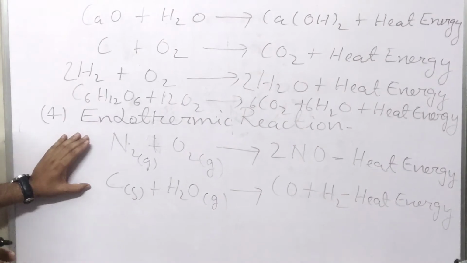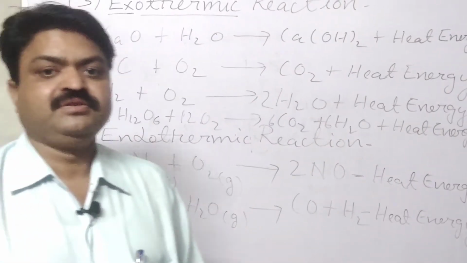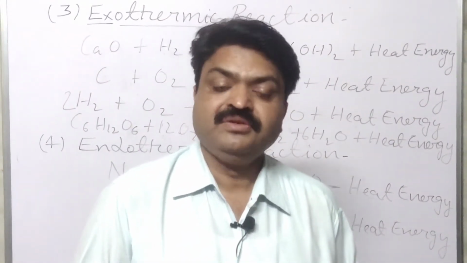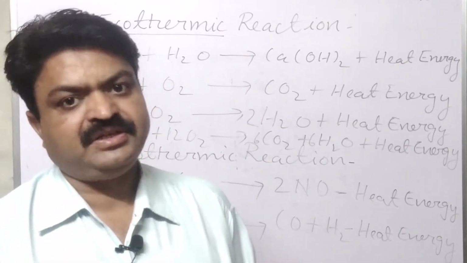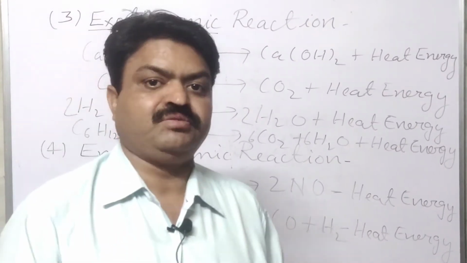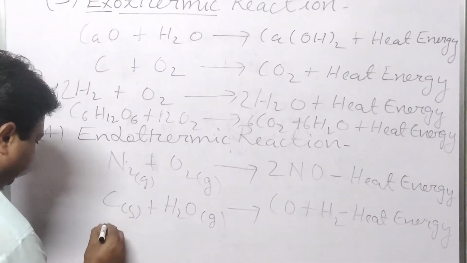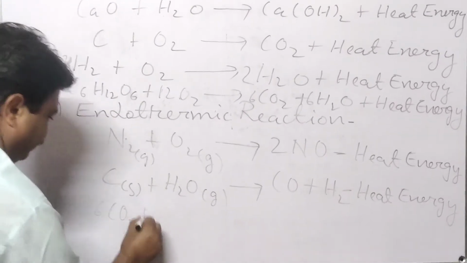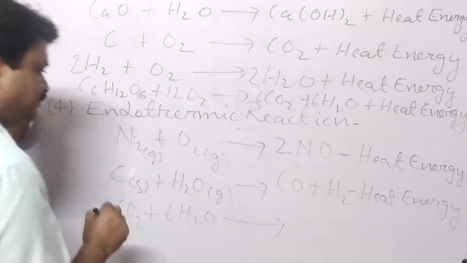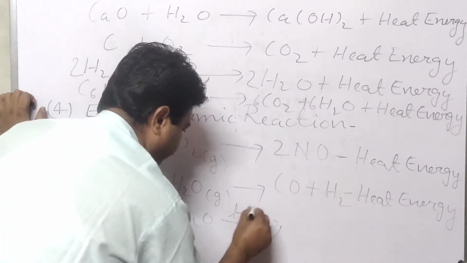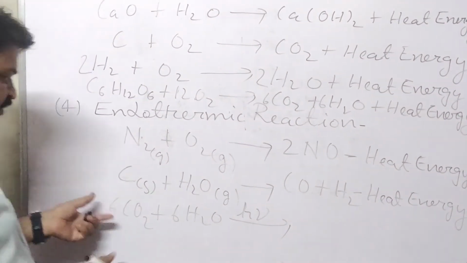Another important reaction that is in your syllabus is photosynthesis, student. Photosynthesis is an example of an endothermic reaction. Why, student? Because in photosynthesis, the heat energy and light energy from the sun is absorbed to form glucose. When carbon dioxide gas and water react with each other in the presence of sunlight, or in the presence of heat energy, then what is produced, student?